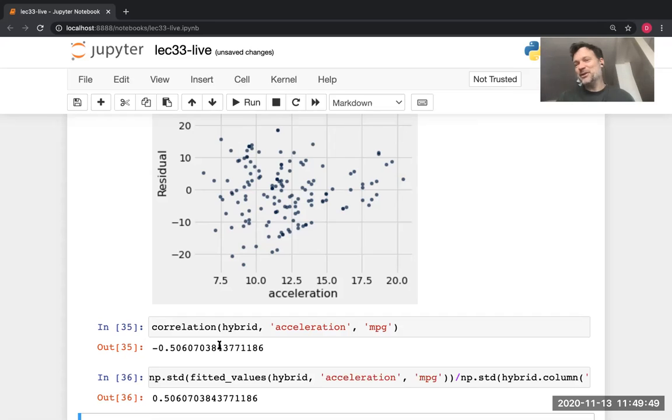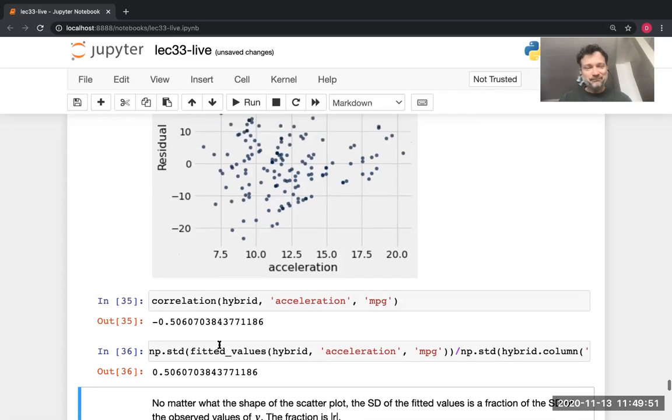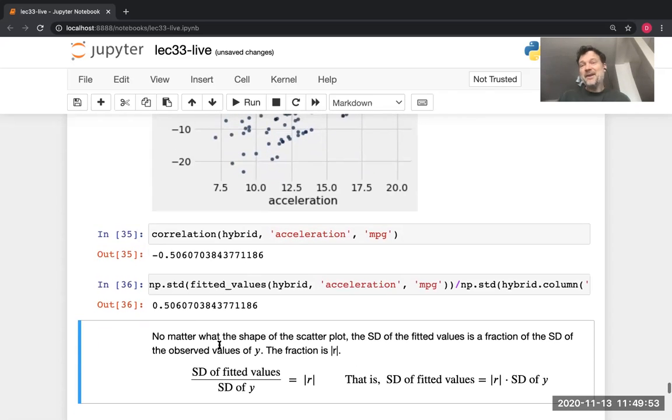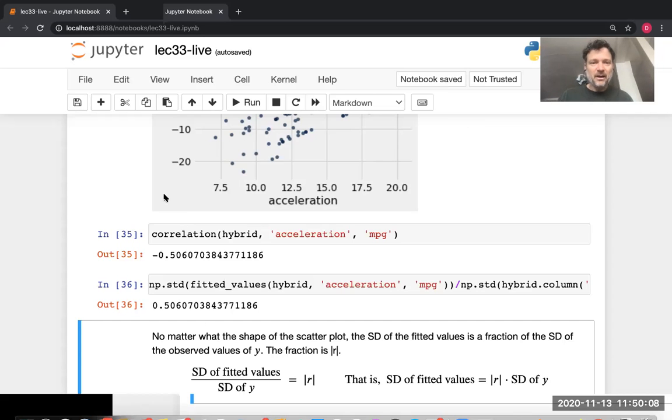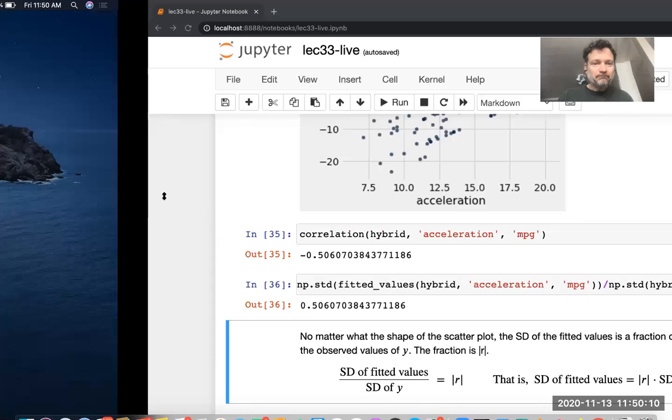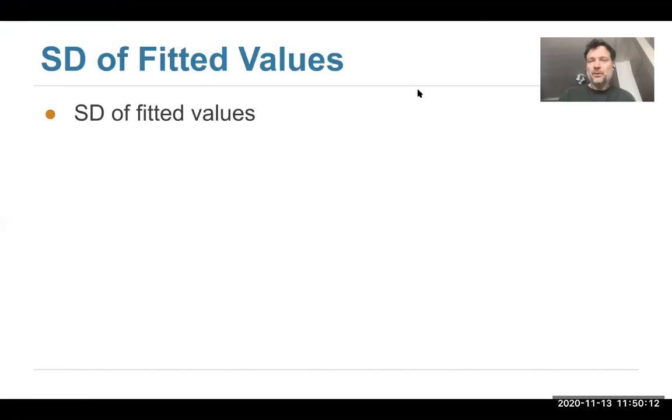It's the absolute value. All right. So the pattern that we're seeing here is that the standard deviation of the fitted values divided by the standard deviation of the actual values is always equal to the absolute value of the correlation coefficient. And that is a true pattern that will always hold for any linear regression.